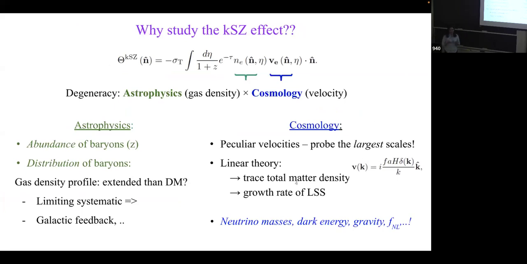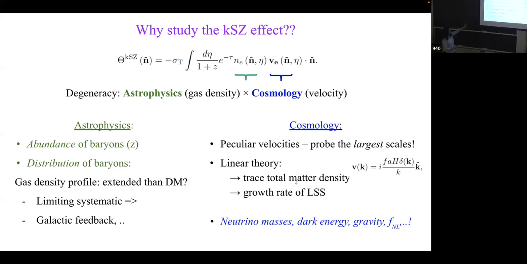Now, why is the kSZ effect cool, or why should we study the kSZ effect? So as I mentioned earlier, the induced shift due to kSZ is proportional to the electron momentum, which means that it gives you a handle on the gas density or baryonic density, which can tell you about the astrophysics of gas in the intervening large-scale structure. And from the velocity part of the induced anisotropies, we can also constrain cosmology using the kSZ effect.